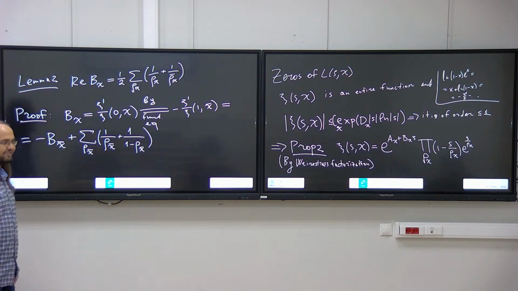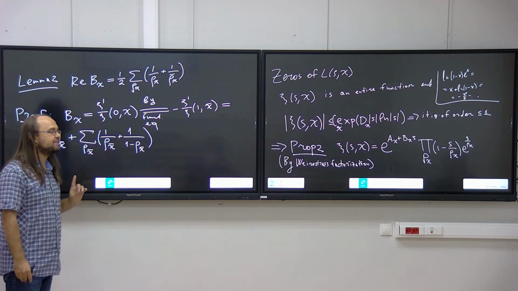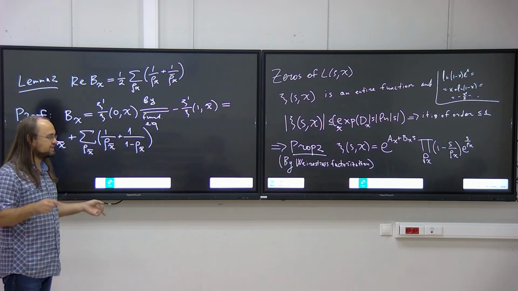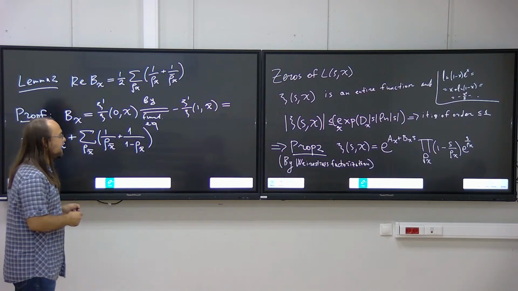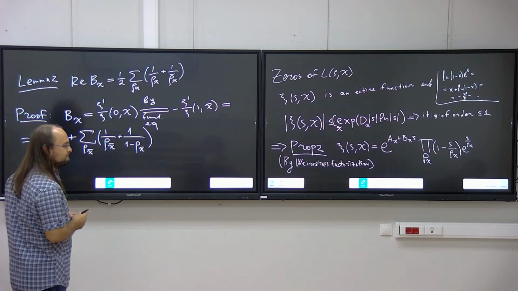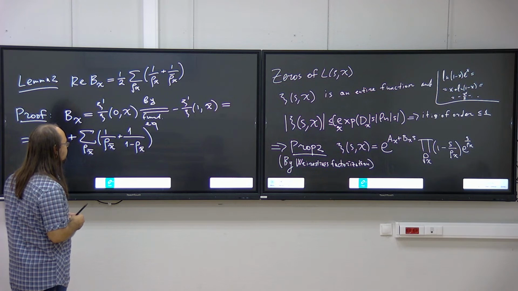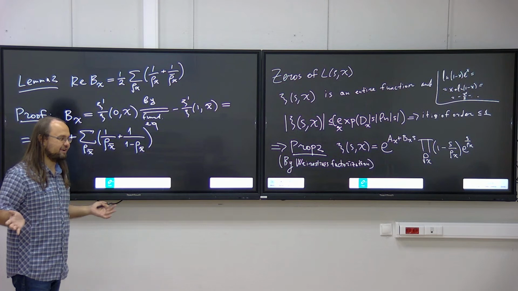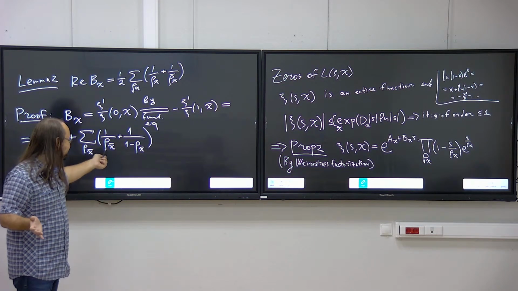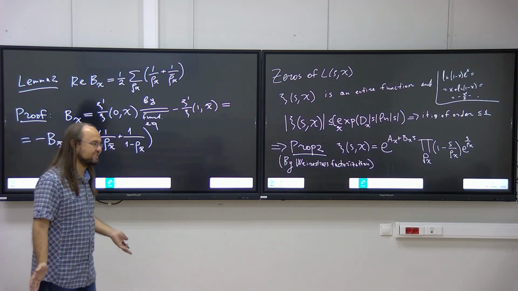Something like this. The rho chi bar are zeros of the conjugate function. Well, you have L(s, chi) and you have L(s, chi bar), and these are zeros of the corresponding functions.